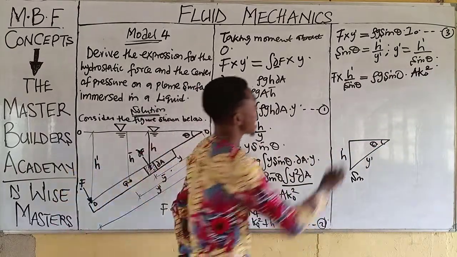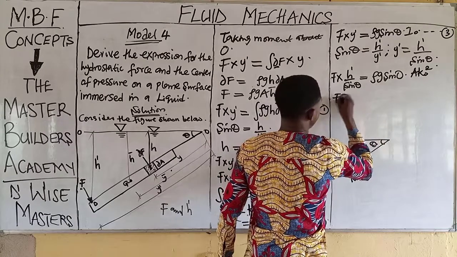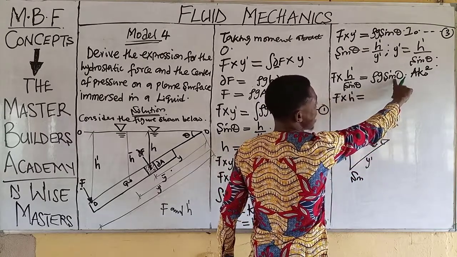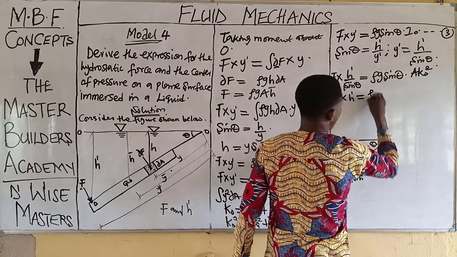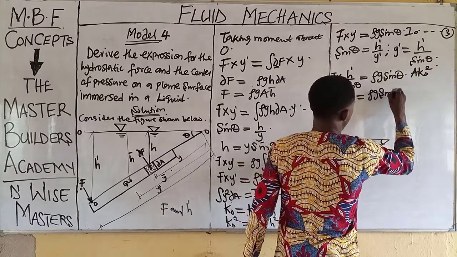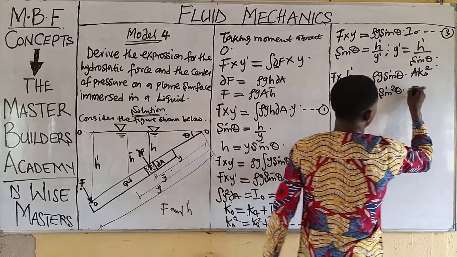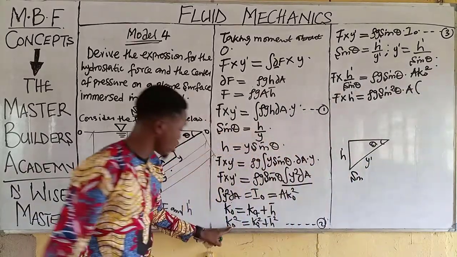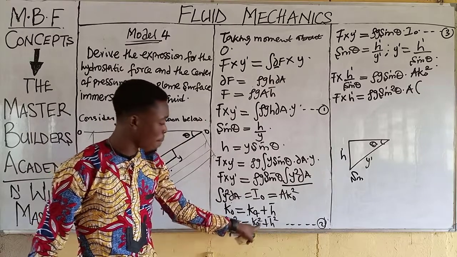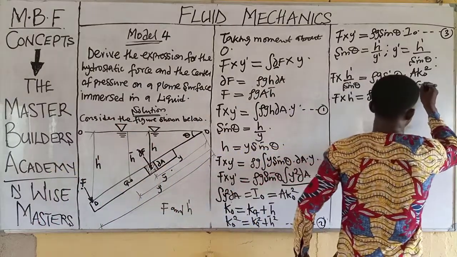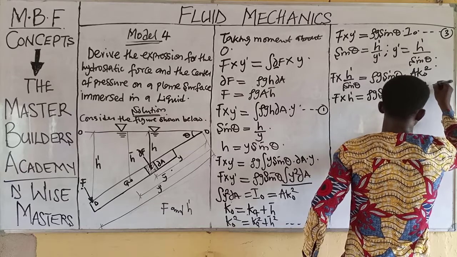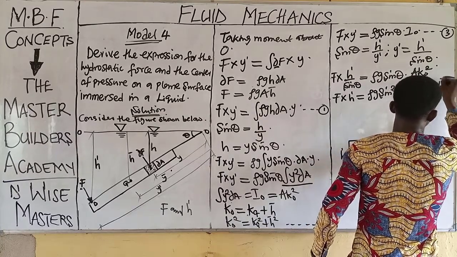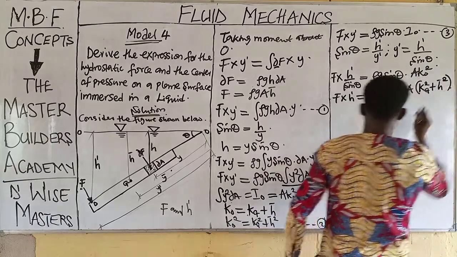Then when we cross multiply, we have f multiplied by h prime is equal to, when sine theta multiplies this end, this will have given us rho g sine squared theta multiplied by A into k naught squared. We said that k naught squared is equal to kg squared plus h bar squared. So we have this as kg squared plus h bar squared.